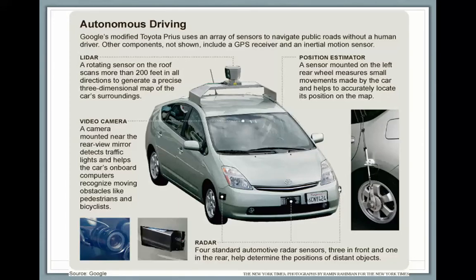So let me just go over some of the things about how it works. Autonomous vehicles sense their surroundings with technology such as LiDAR, which is the rotating sensor on the roof that scans more than 200 feet in all directions and generates a 3D map. It also has video cameras and radar to assist in determining the distance of objects, traffic signals, and pedestrians. It has GPS and a position estimator, which is the thing right here located on the rear wheel, and that helps locate the car's position.